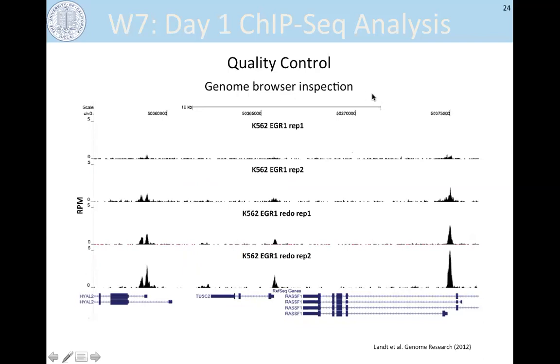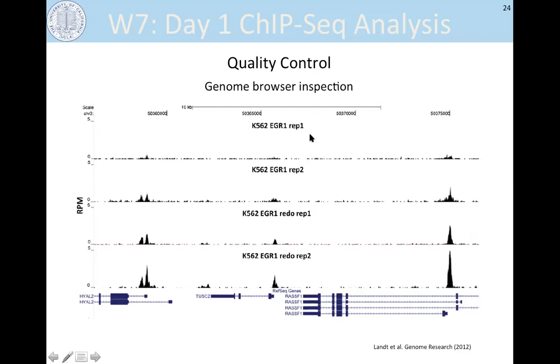Genome browser inspection is really going to give you the most information, because there aren't set values that are standard for any ChIP you're going to do. You're going to get a wide range of expected values depending on what you're chipping. It's not an objective way to assess data quality, but it really depends on what you want to get from the data.